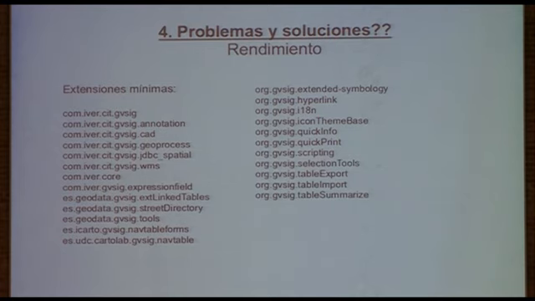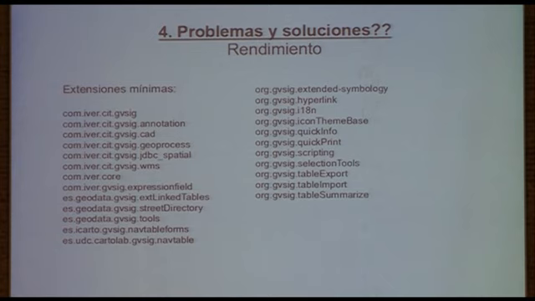So we wanted to have as few extensions as possible. So we started by removing all the extensions. And then we started adding. We started to add the ones you have on the screen, one for annotation, one for CAD.